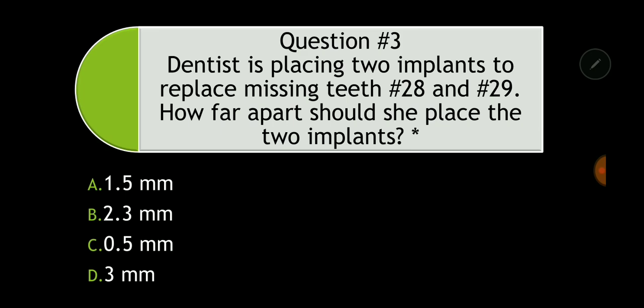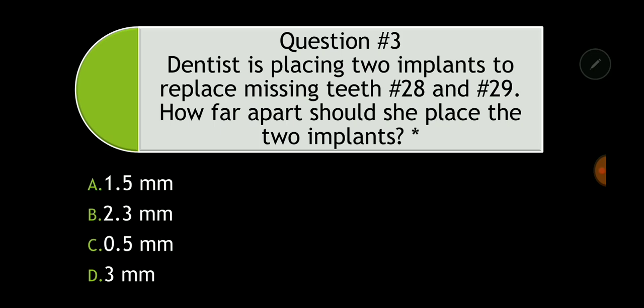So you're supposed to know the differences between open tray versus closed tray impressions for implants. So question number three: a dentist is placing two implants to replace missing teeth 28 and 29. These are the lower right premolars. How far apart should she place the two implants?